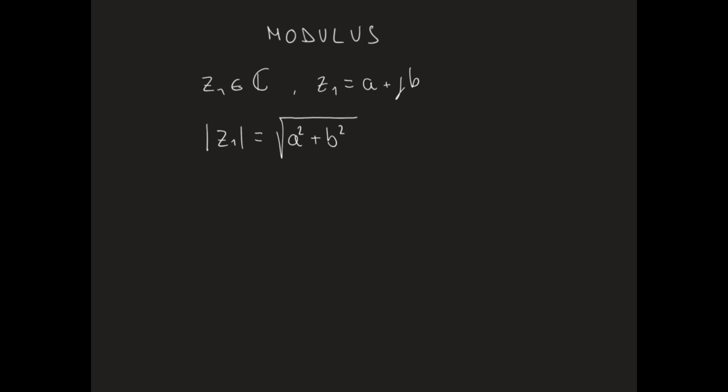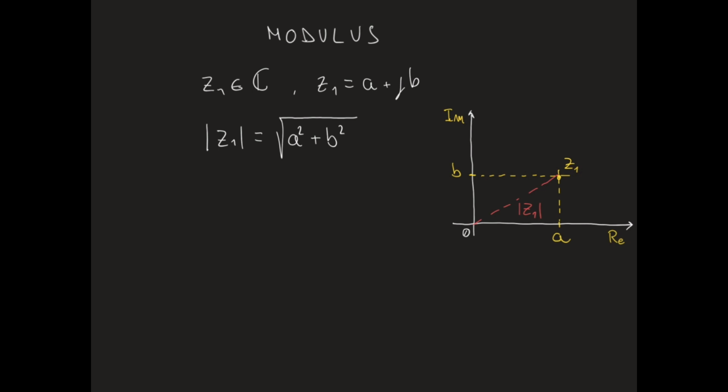This definition is of course compliant with the geometrical definition we gave for the modulus of a complex number as the distance from the origin of the point representing the number itself in the complex plane.